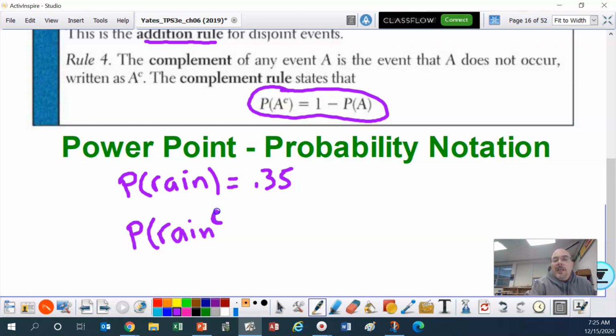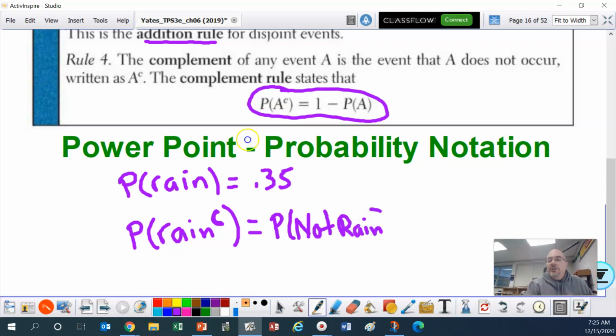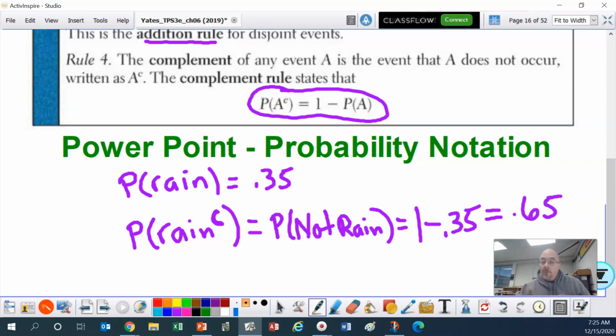Well, I could write rain complement, but that's the same thing as saying the probability that it will not rain. The complement is like the opposite of it. So what you're going to do is take 1 minus the probability that it is going to rain. So then that would be 0.65, that it's not going to rain. The complement of rain is it's not going to rain. Oftentimes you're going to see that little C, that means complement. That is a notation you need to know.